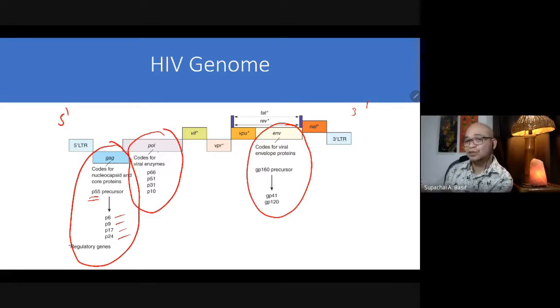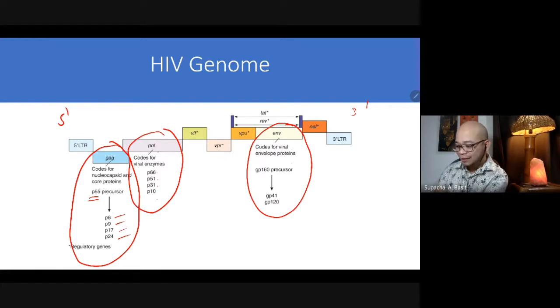So this includes the reverse transcriptase, the integrase, the polymerase, which is important for replication, and also the following markers such as P66, P51, P31, and P10. And then the ENV will code for viral proteins.